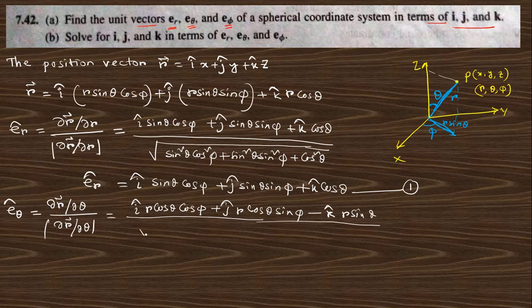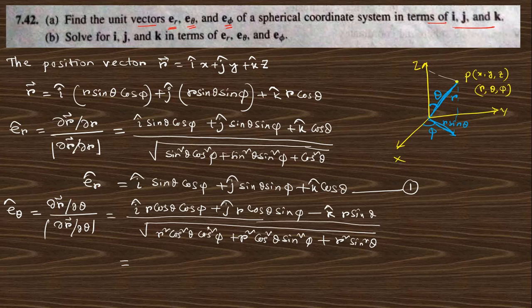The modulus will be the root of r square cos square theta cos square phi plus r square cos square theta sin square phi plus r square sin square theta. Taking r square common and cos square theta common, we get cos square phi plus sin square phi, which is 1.